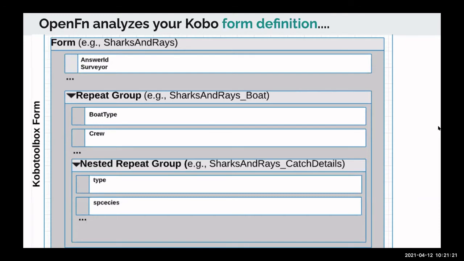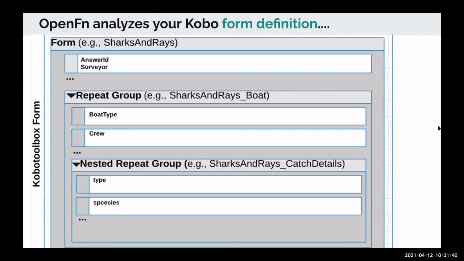Kobo structures this as question groups, but you might repeat these questions multiple times. For example, if you ask someone how many boats they had to catch their species, they might say, I had 3 boats. So you repeat the questions.